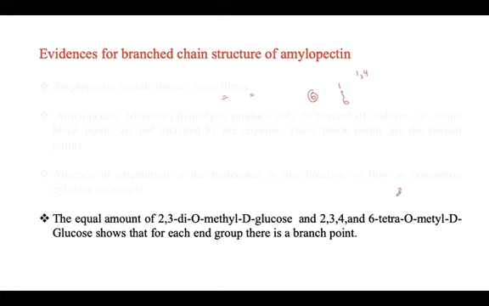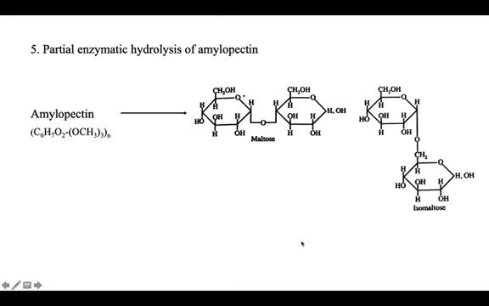And as we said, 2,3-dimethyl glucose and 2,3,4,6-tetra-O-methyl D-glucose molecules have been obtained. The 2,3-dimethyl glucose indicates a branch chain structure, and for each end group there is a branch point, which is why these two molecules are equal.